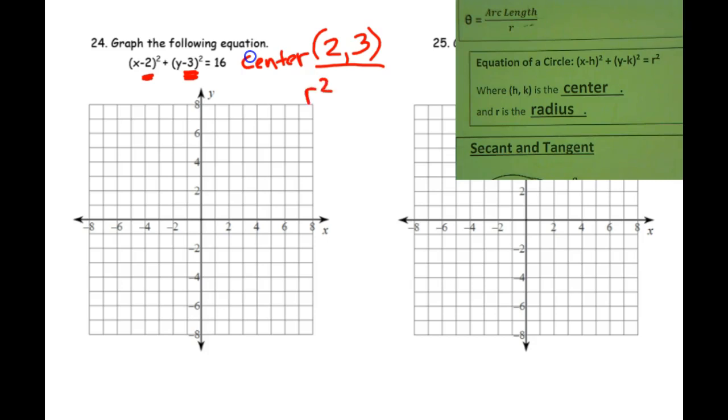R squared, right? The end is r squared over here. So if r squared equals 16, I'm going to square root, r equals square root of 16, which is 4. So I'm going to use 2, 3, and a radius of 4. So 2 comma 3, 2 to the right, 3 up. There's my center. Okay.